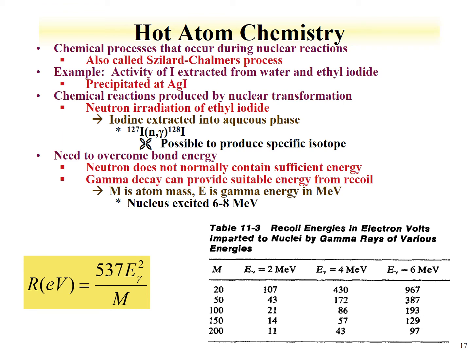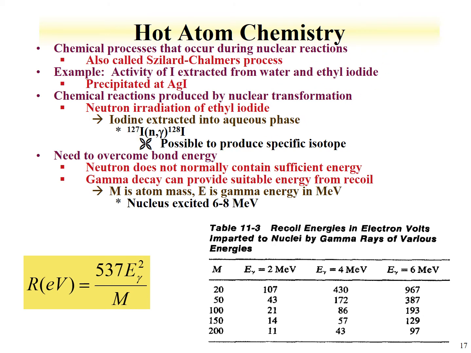When that iodine captures a neutron and becomes iodine-128, it separates from the ethyl iodide and can be precipitated as silver iodide. In this route, only the activated iodine is separated, and this is due to the fact that the interaction with the neutron causes a chemical reaction. So that is described here. The iodine gets extracted into an aqueous phase from this organic and then precipitated.